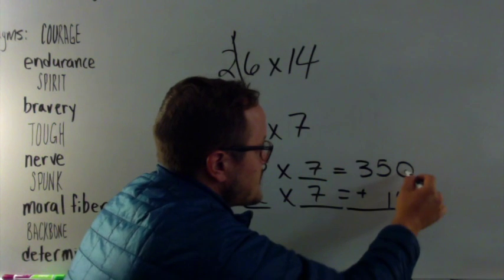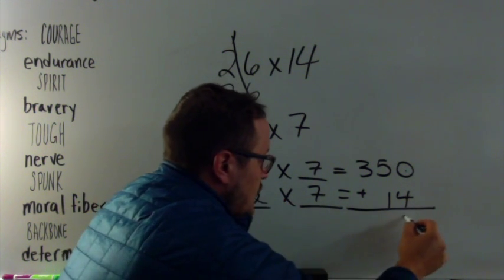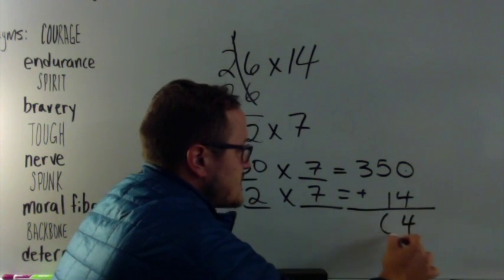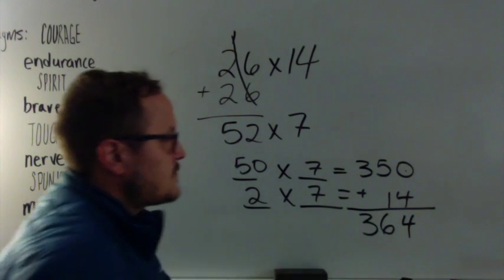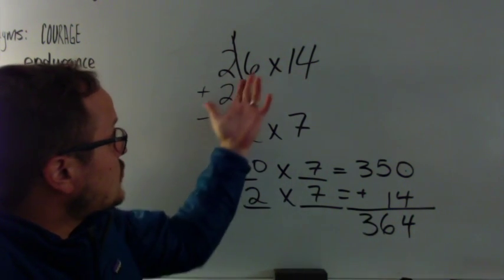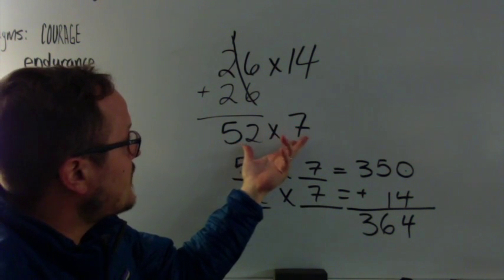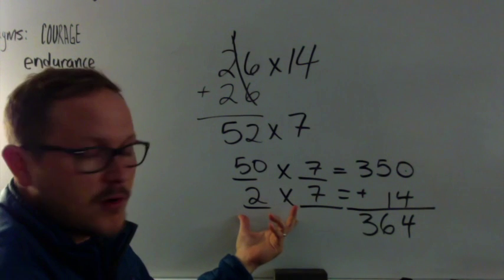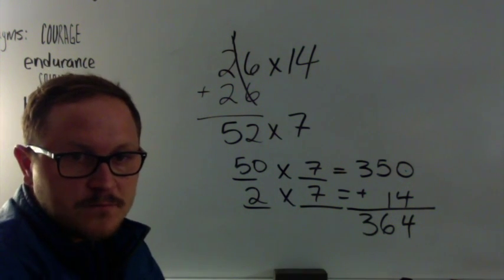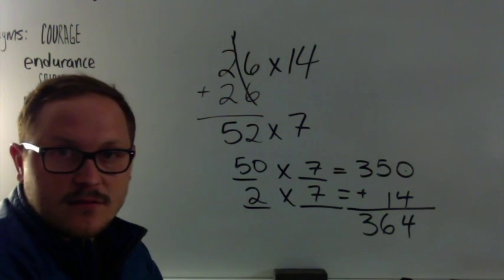I'll add them up. 0 and 4 is 4, 5 and 1 is 6, and 3 is 364. So, 26 and 14, double half down to get 52 and 7, multiply them out by partial product, we still get an answer that is 364.